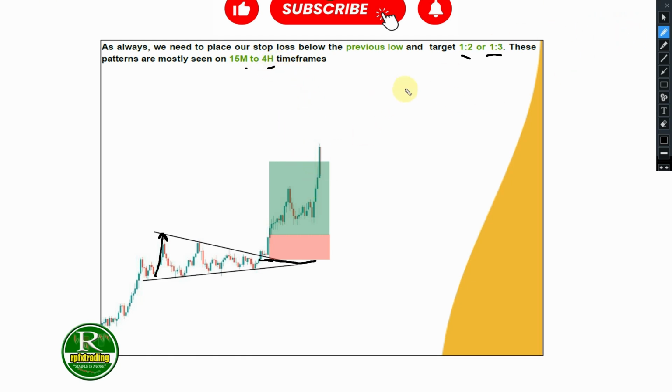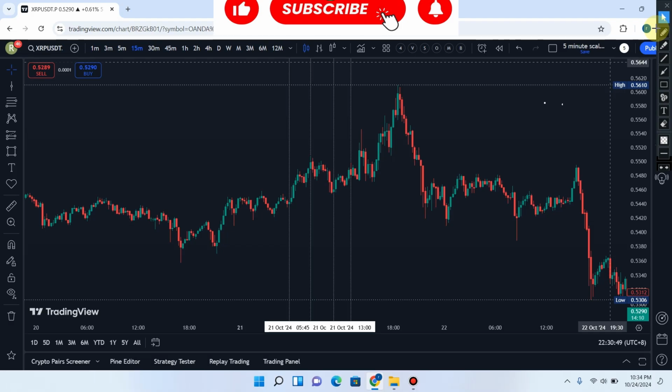Okay, let us go to the live chart in order for you to know more about this trading secret number 3. Are you ready? Let's go. Okay, we have here at the live chart XRP at the 15 minutes time frame.